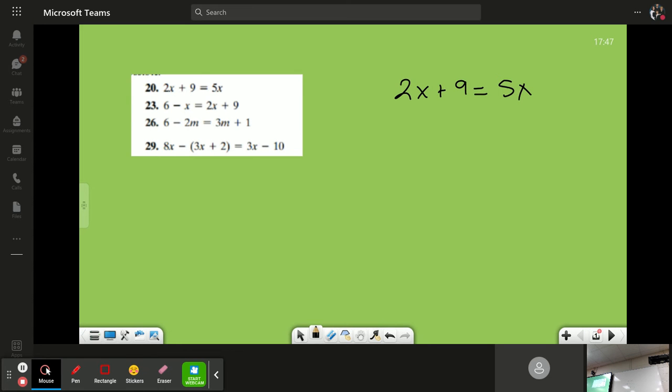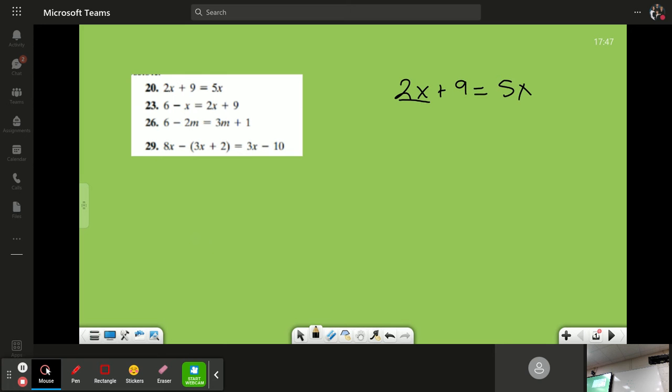Coefficient. And the 9 is called the constant, right? The coefficient is like co-ed, right? It's got both the number and the variable, okay? So the coefficient always has the variable. The constant, there's no variable. It won't vary. It has to remain the same. So it has to remain constant, okay?